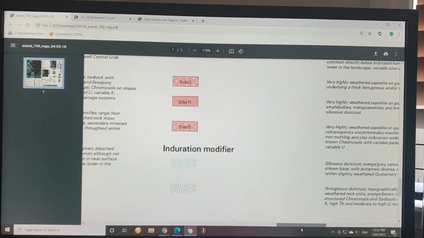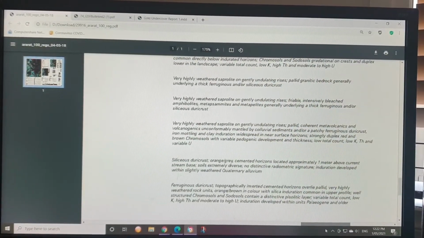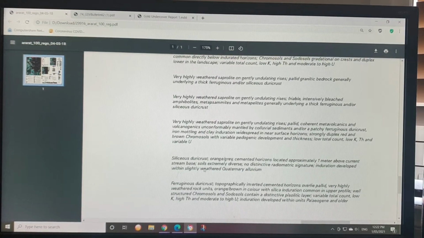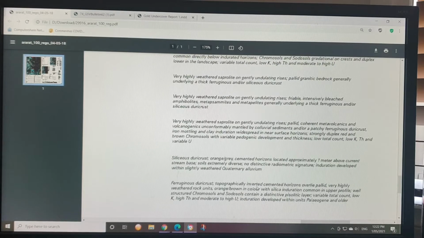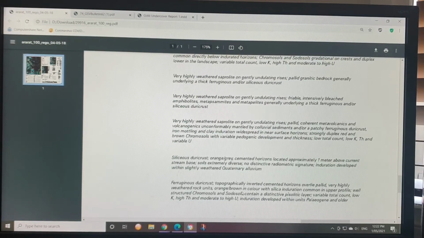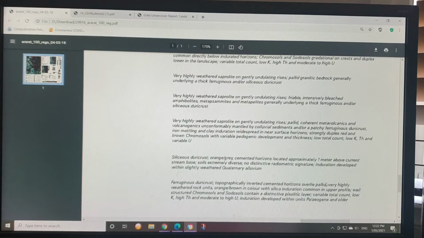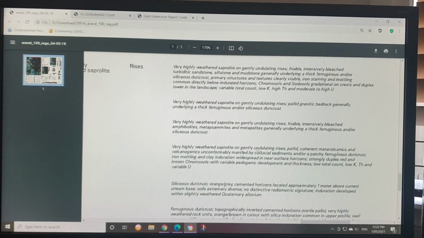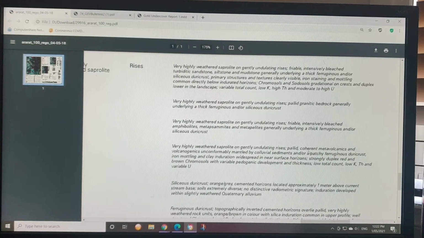Dewy crust, so 1 meter current, stream, soil, yeah. And what you need to look for is information about the quartz. Red ground, silica, yeah. Okay, highly weathered saprolite, blah blah blah.